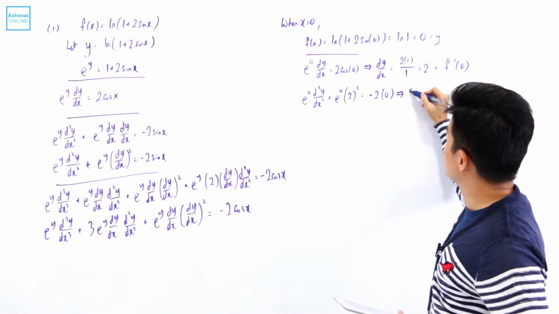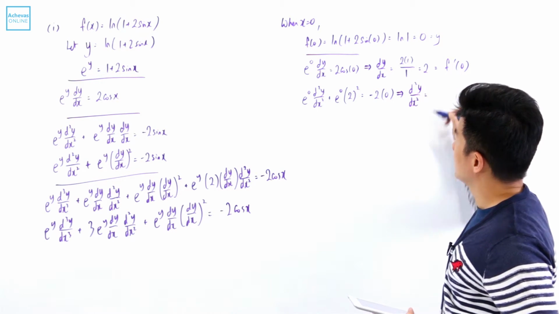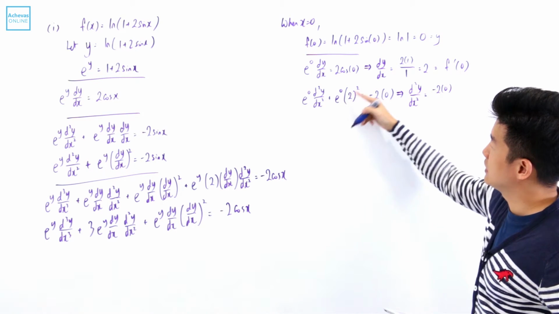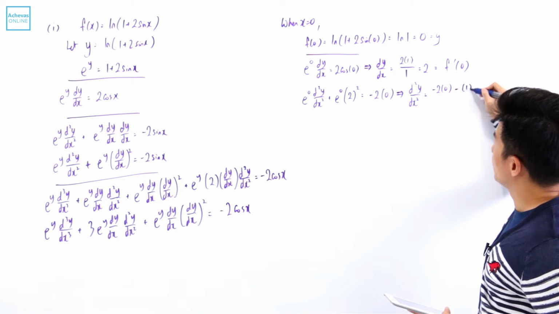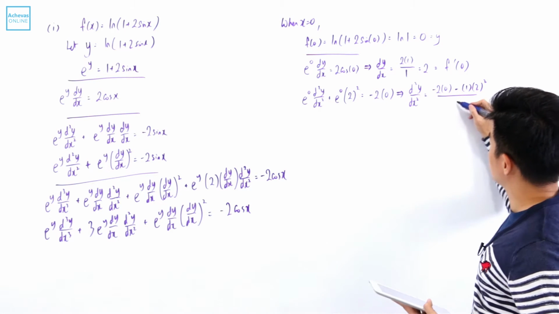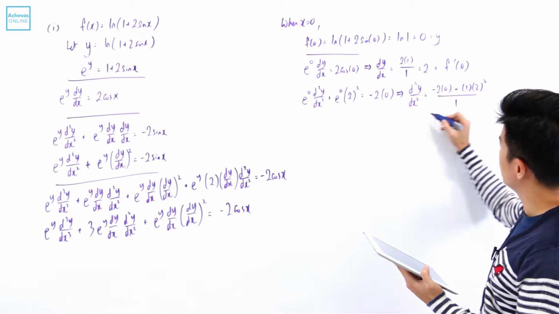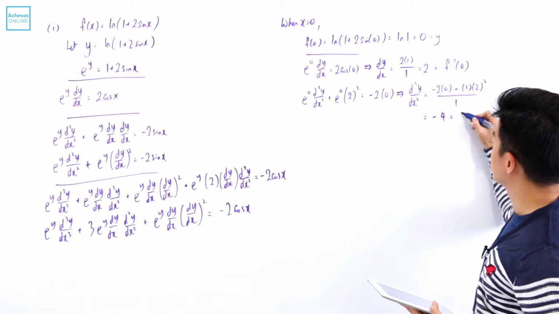This tells me that d²y/dx² is going to be equal to minus 2 times 0, and bringing this over to the other side, it is going to be minus 1 times 2² divided by e to the power of 0, which is 1. And this is going to be equal to minus 4, and this is our f''(0).